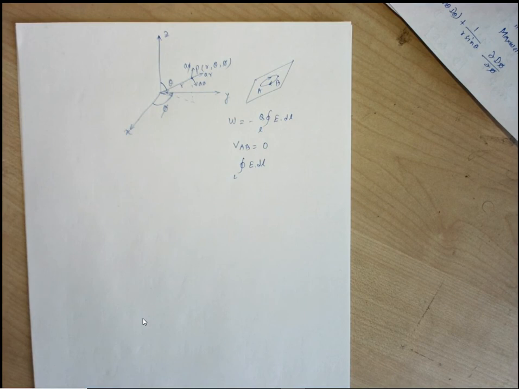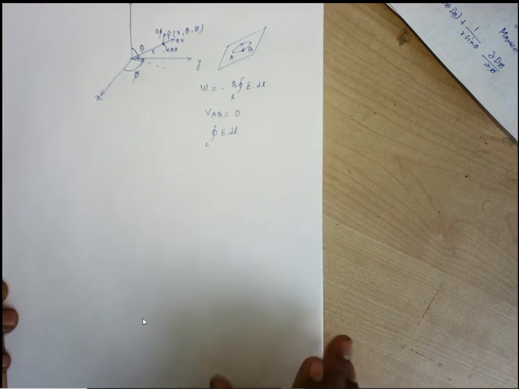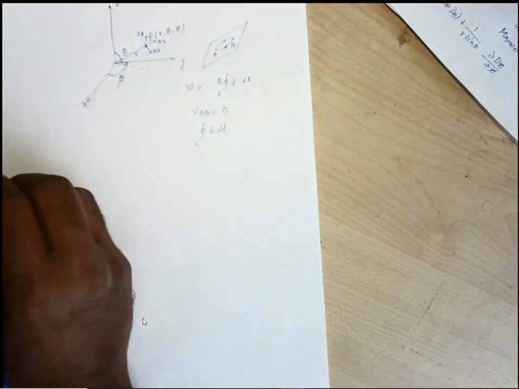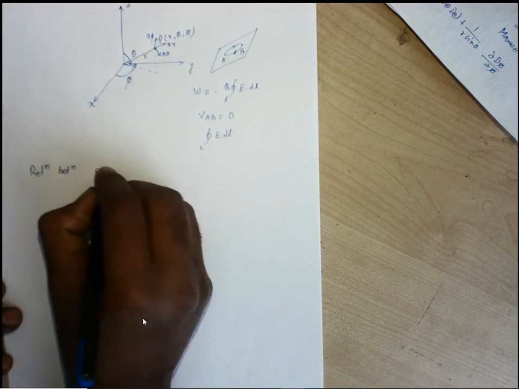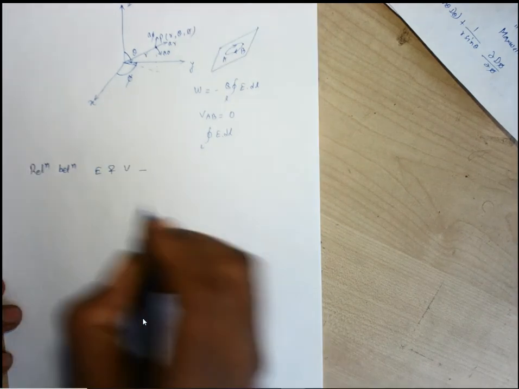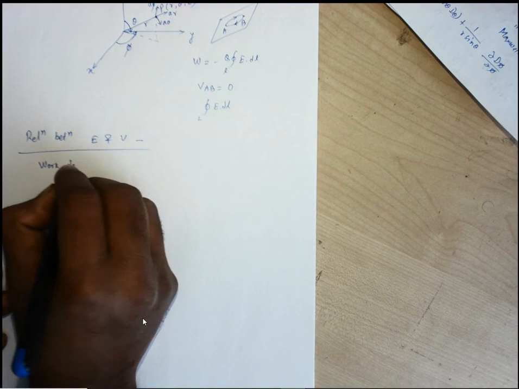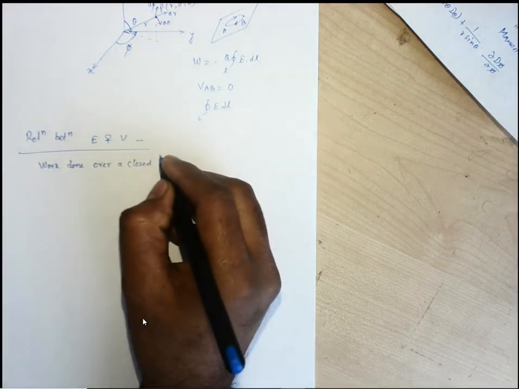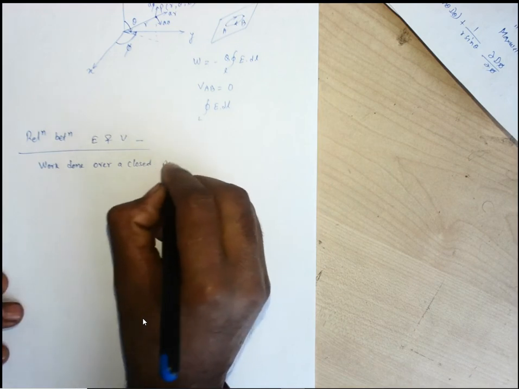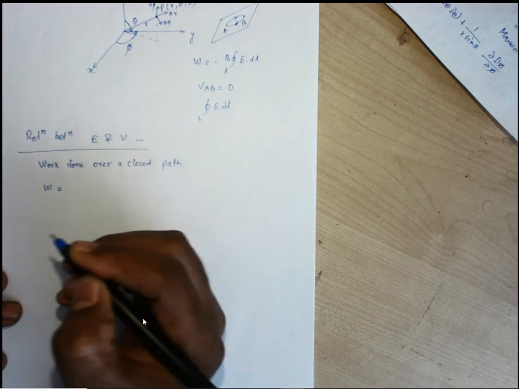Depending upon this concept, we get the relation between the electric field and the potential. Let us consider the relation between E and V, which is also a Maxwell's equation, so we need to find that. The work done over a closed path is obviously in the opposite direction to the force.